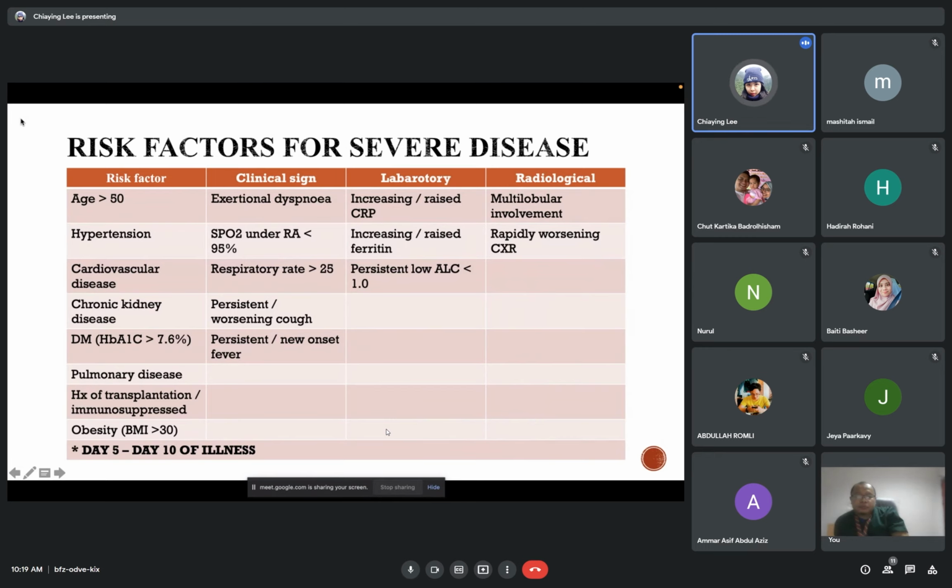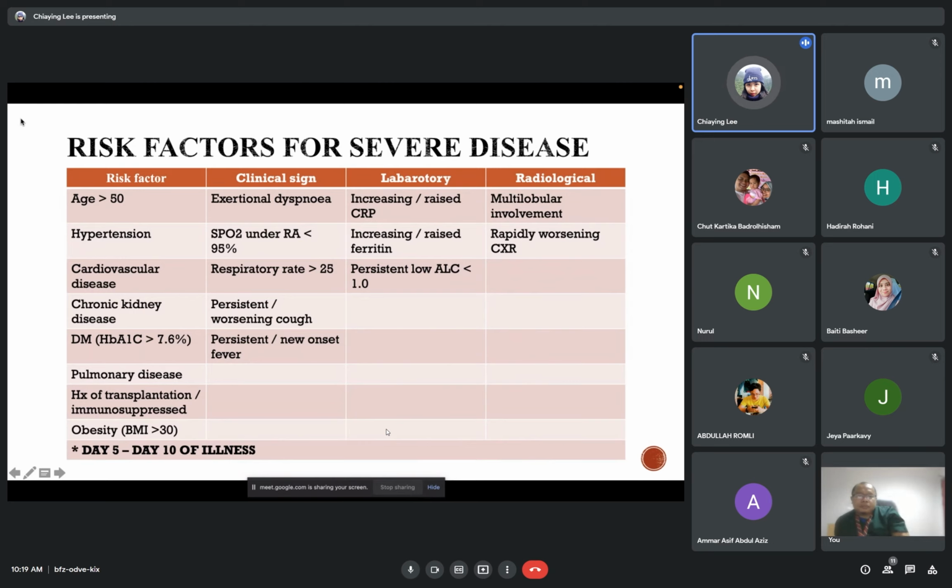So usually patients who are older, age more than 50 years old, and those with multiple comorbids, for example hypertension, cardiovascular disease, chronic kidney disease, DM, pulmonary disease, history of transplantation or immunosuppressed, and obese patients. These are all the patients that we have to put extra caution.